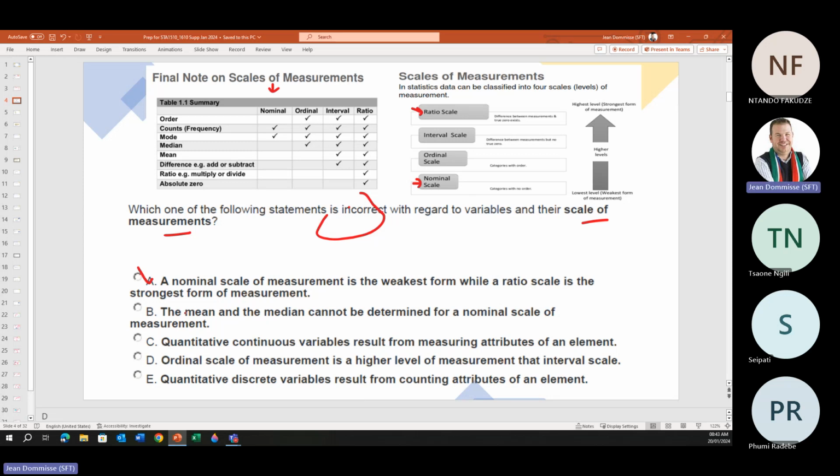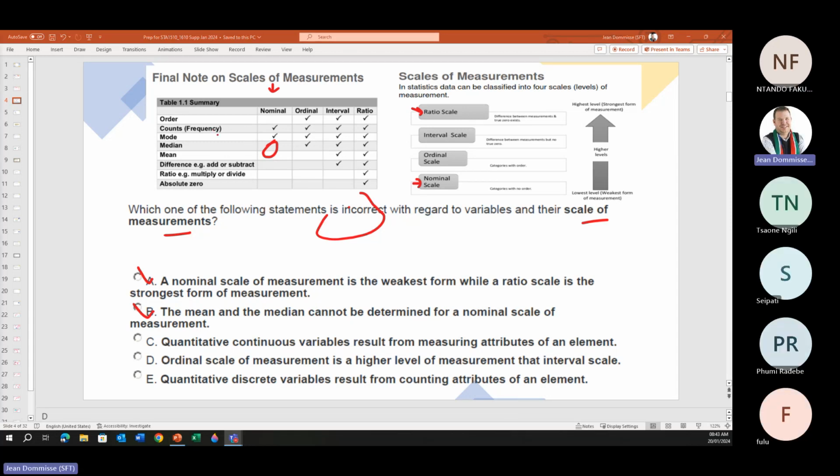Then we go to the next one. The mean and the median cannot be determined for a nominal scale. Correct. We can only look at the mode and counts or frequencies. So no, we can't look at median and mean for nominal.